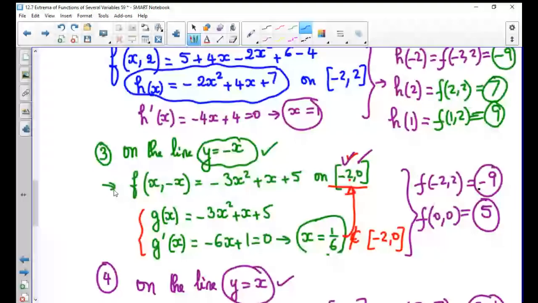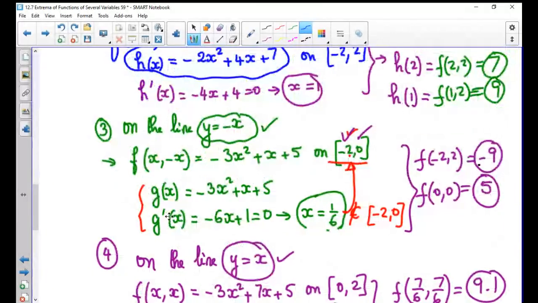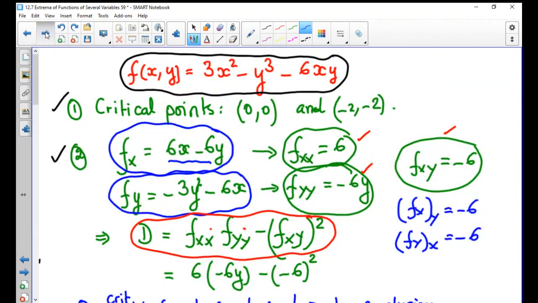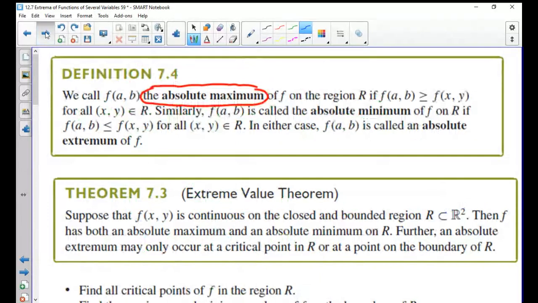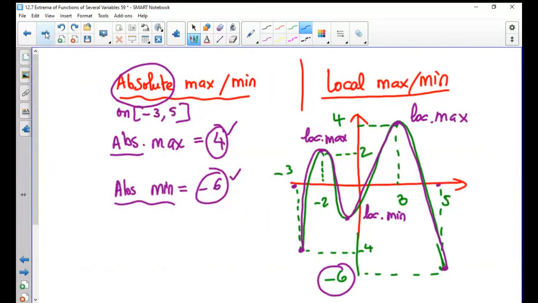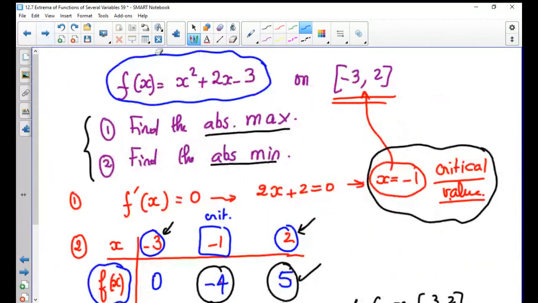Okay, let me check this. Let me explain this by looking back at that example I gave you of a function of one variable. Let me consider this function here.